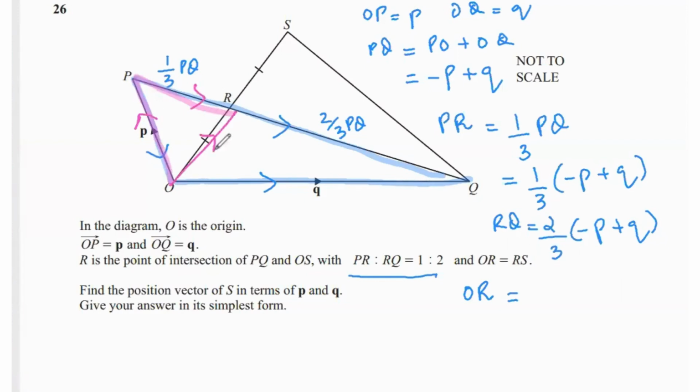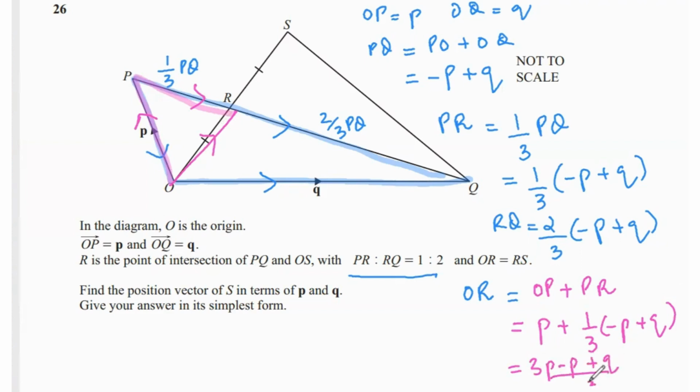So OP plus PR is p plus 1/3 of (negative p plus q), which is equal to (3p minus p plus q) over 3, which is (2p plus q) over 3.